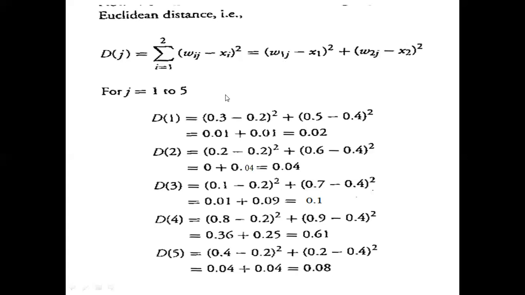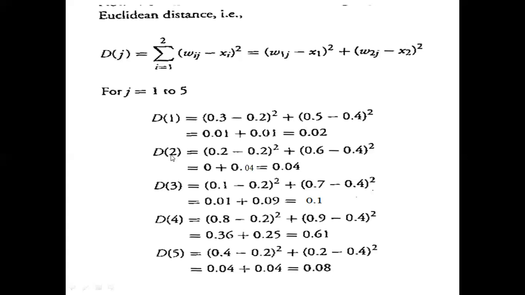Here w11 is 0.3 and w21 is 0.5. And x1 is 0.2 and x2 is 0.4, so x1 and x2 are fixed. Then we calculate the result and the value will become 0.02.